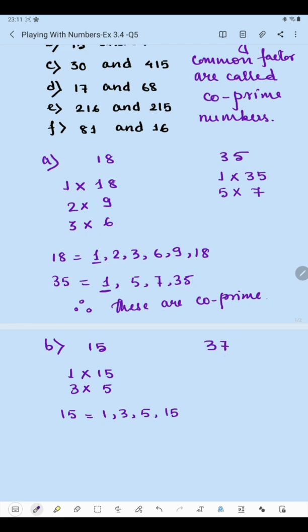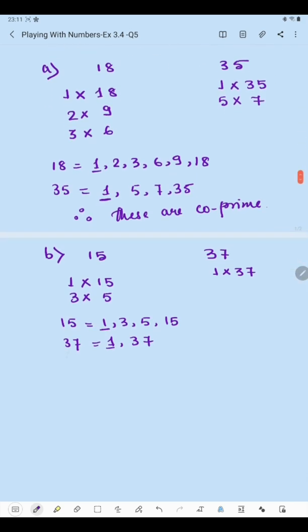Okay, and if you find the factors of 37, then 1 into 37 is 37, only these two. So that means 1 and 37. So here we can see only one as a common factor, right? So here we can see that these are also co-prime.